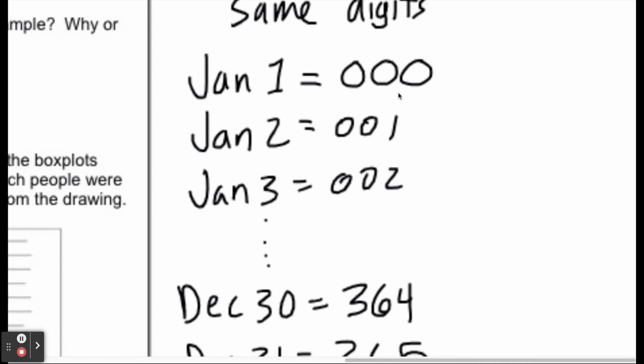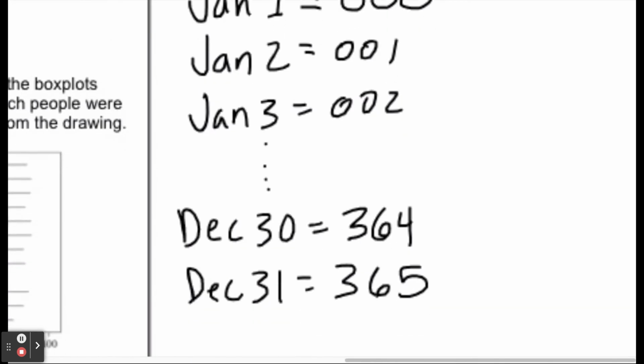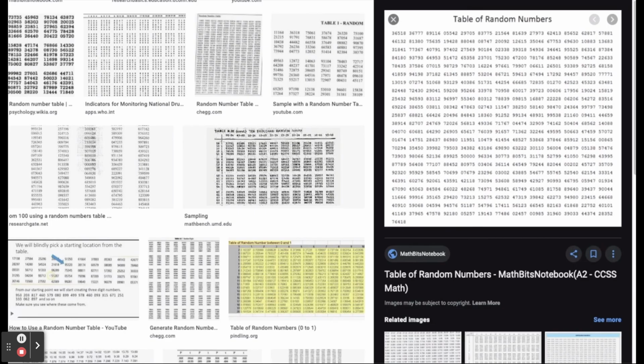Okay? And again, now that I have some days listed here, to show you how I would use this table, you would enter in a random spot. So you don't always start in the top left. Okay? Like I said, you just enter in a random spot. So let's say I start here. All right? That 3-digit number is 083.